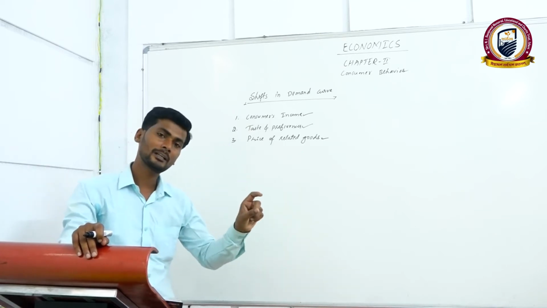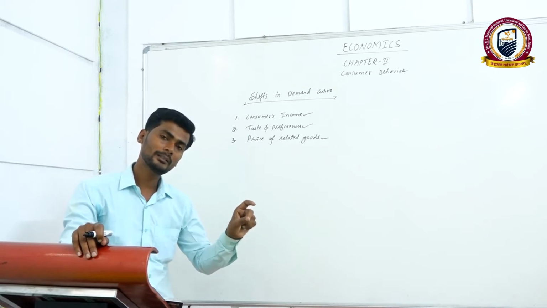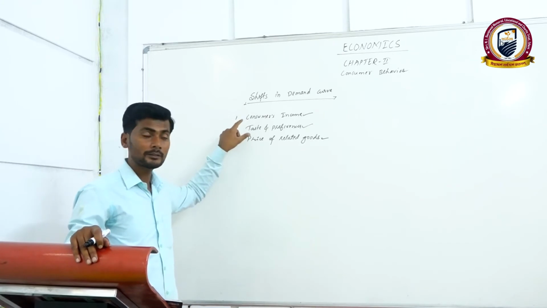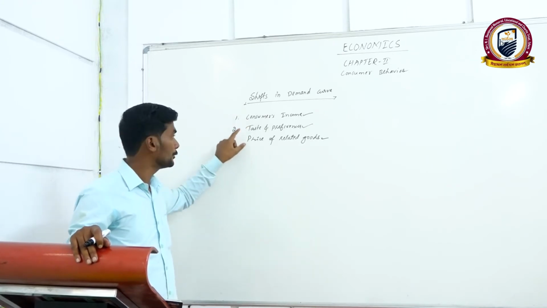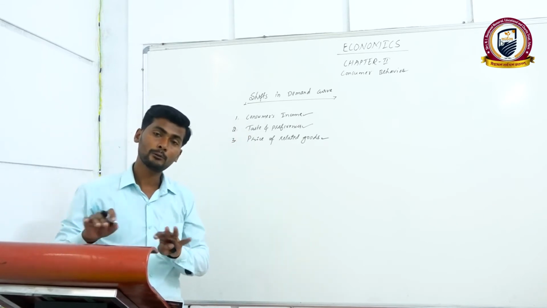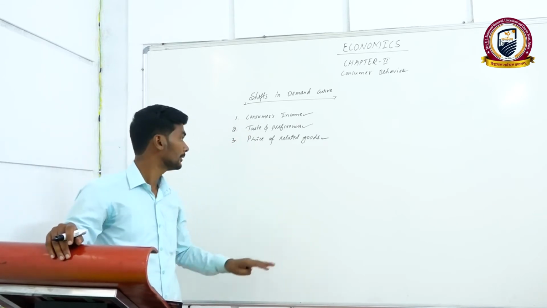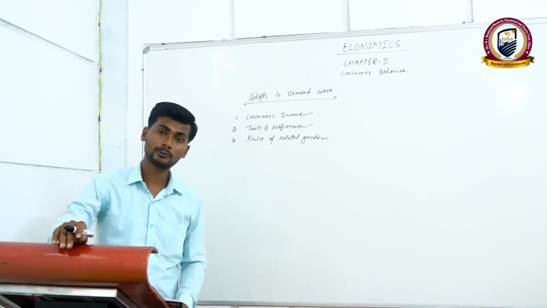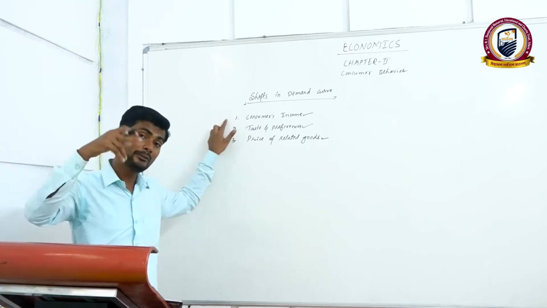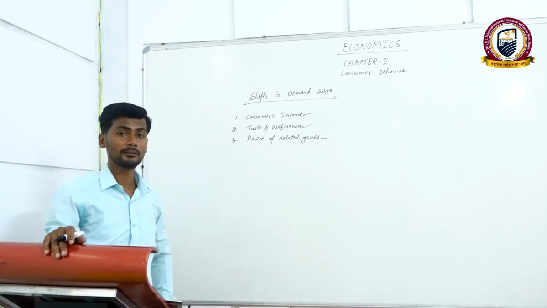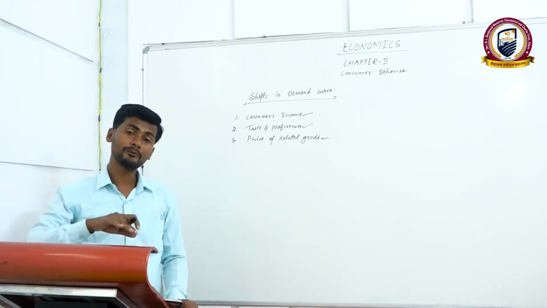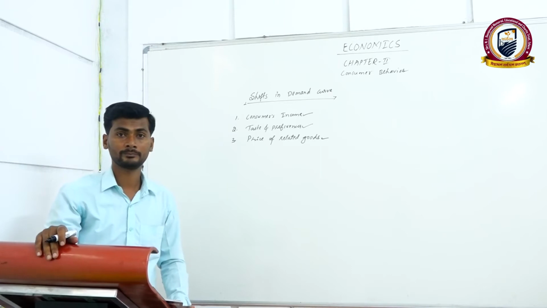While analyzing the law of demand, we considered these factors constant. Consumer income is given, taste and preferences have no impact on demand, and prices of related goods have no impact on demand. We assumed so while analyzing the law of demand, but in reality these things won't remain constant, and they will have an impact on demand.